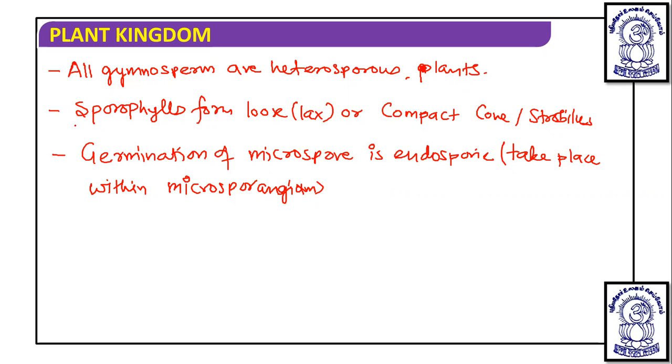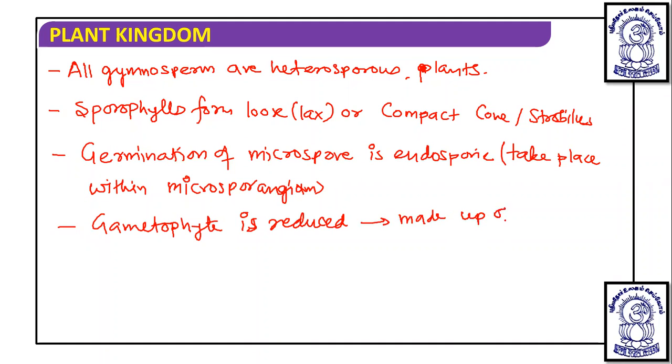In gymnosperms, the gametophyte is reduced in size because it is made up of only a limited number of cells. This is the way the development occurs.